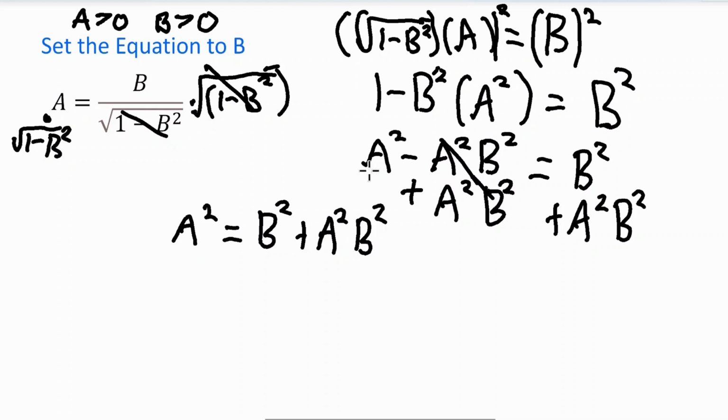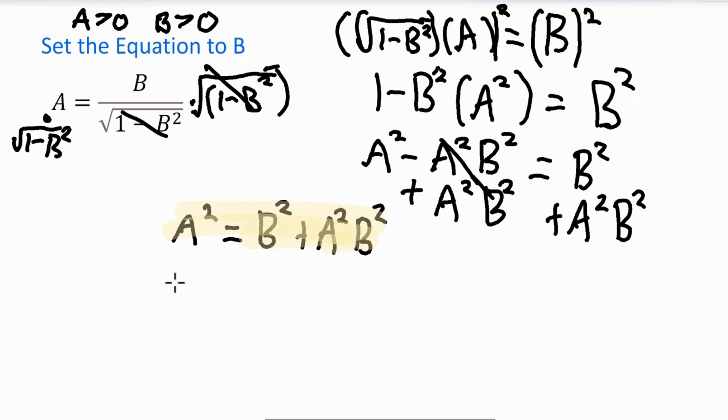Alright, so now we have this. What can we do to simplify this even further? We want to get the b by itself, right? You can see on this side we could factor out b squared from both terms.